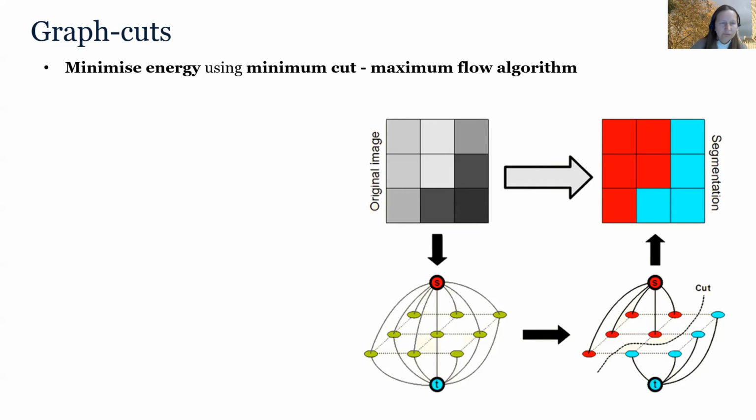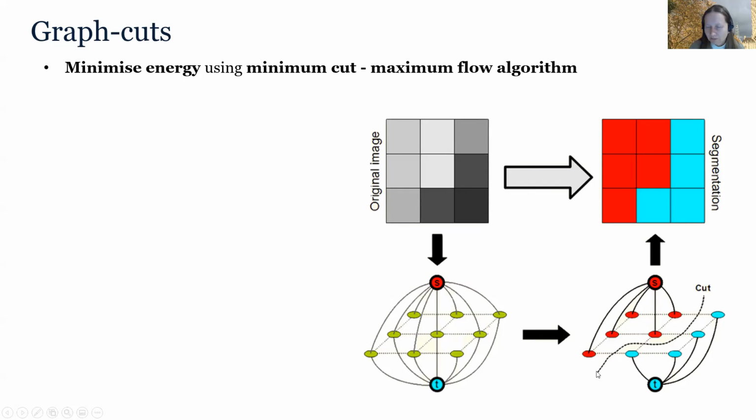The energy will be equivalent to the minimum cut, so minimizing the energy will be minimizing the cut. And the minimum cut corresponds to the maximum flow within a weighted graph. So now we need to convert this image into a weighted graph to calculate the minimal cut using this algorithm, and then we will get the segmentation.